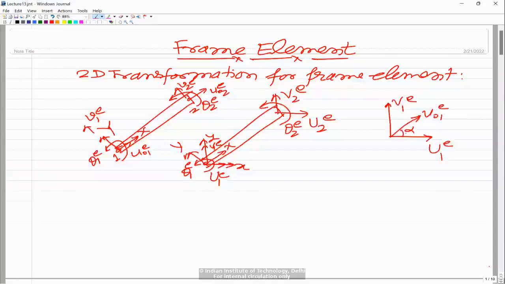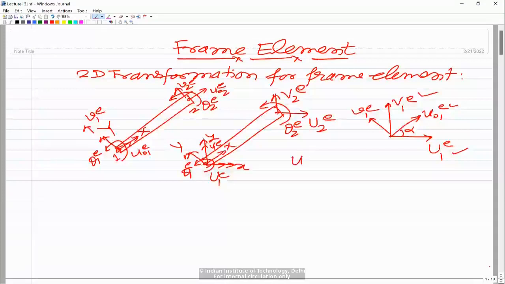So we had written that you can express u naught 1e, the displacement along the local x-axis, in terms of these two displacements. Basically you take the component of U1e along u naught 1e, and also the component of V1e along u naught 1e.